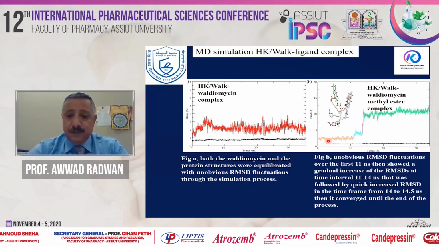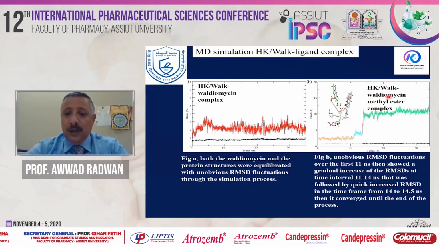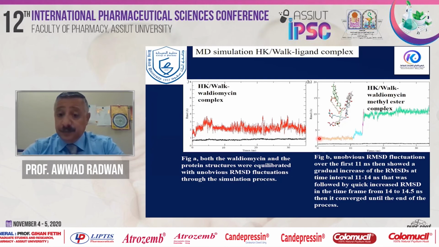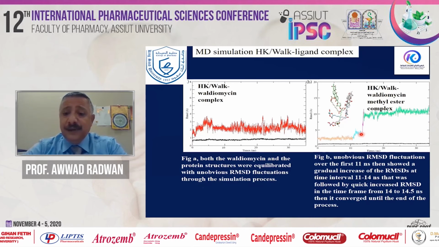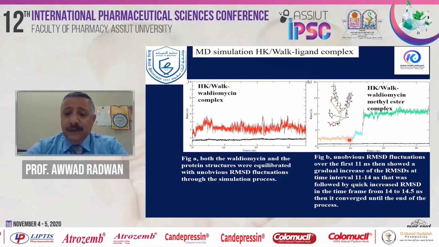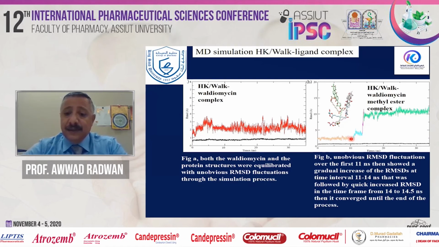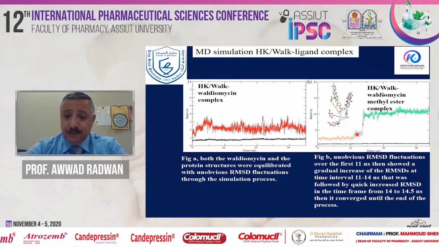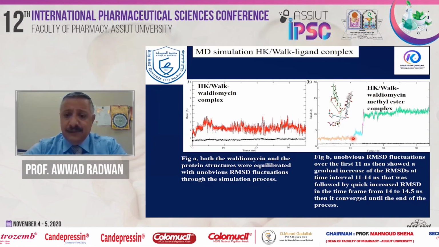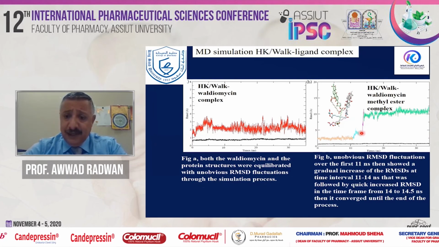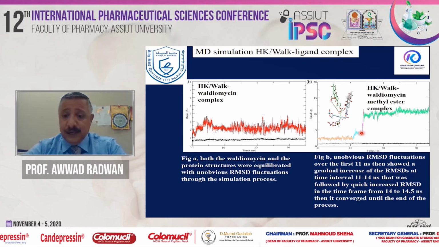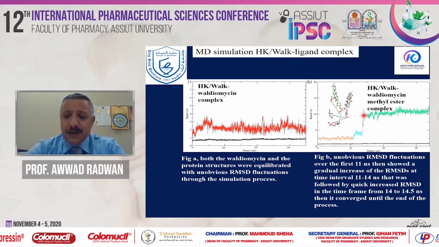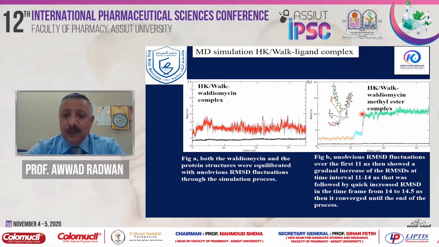However, with the waldemicin methyl ester analog, the weak active compound, there was no obvious root mean square deviation fluctuation over the first 11 nanoseconds, then a gradual increase of the RMSD fluctuation between 11 and 14 nanoseconds. Then a quick increase in RMSD fluctuation between 14 and 14.5.